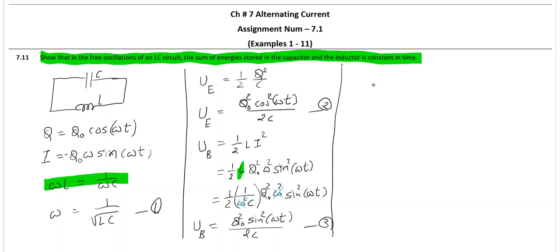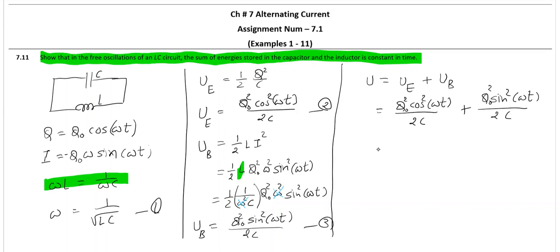So the total energy of the circuit, if it is U, can be given as the energy stored in the form of electric field in the capacitor plus the energy stored in the form of magnetic field in the inductor, and then it is Q0² cos² ωt / 2C plus Q0² sin² ωt / 2C.